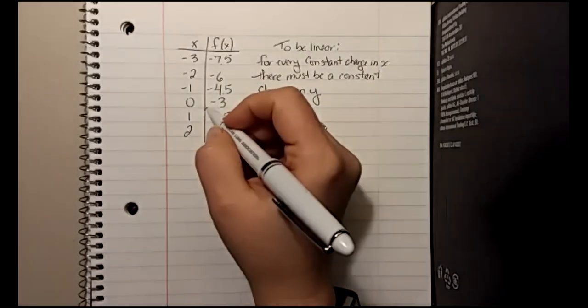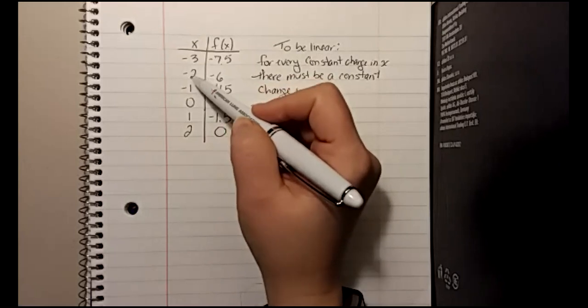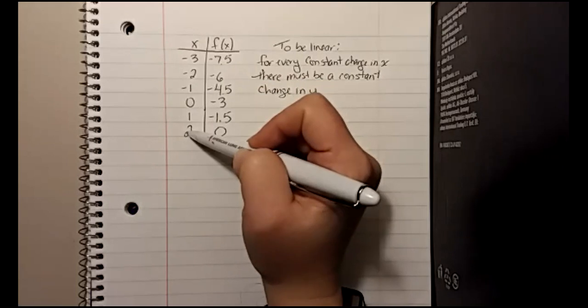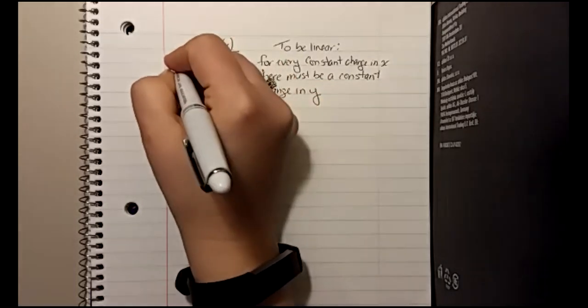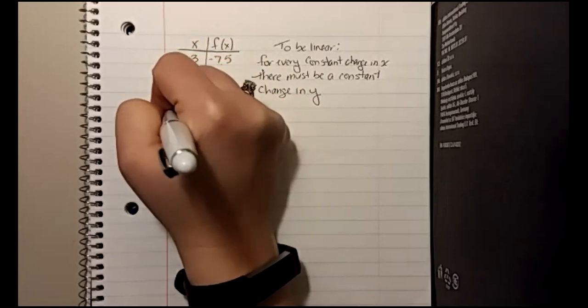So here we have our x's increasing by ones every time. And what I like to do is show the pattern on the side. So all of these changes are ones.